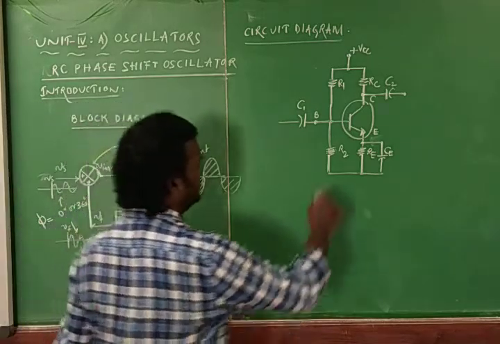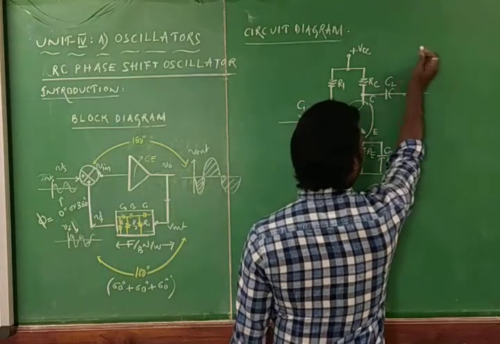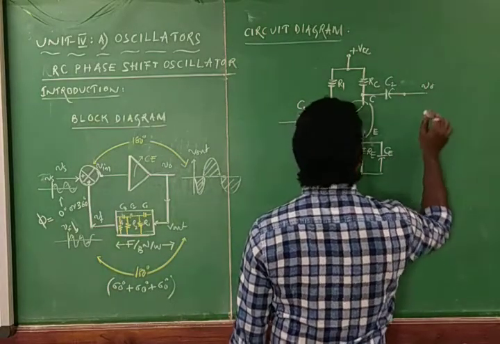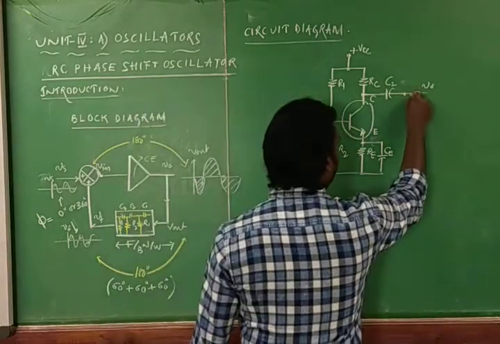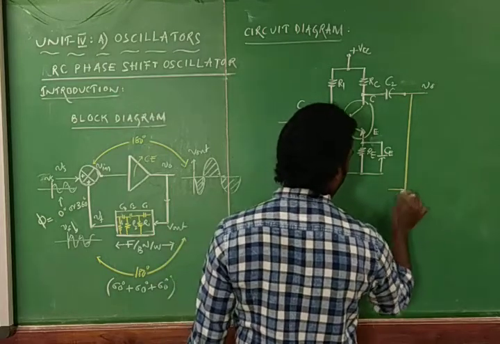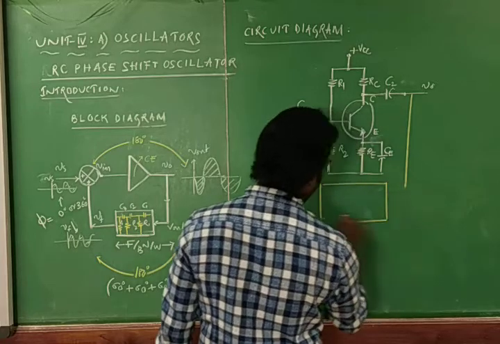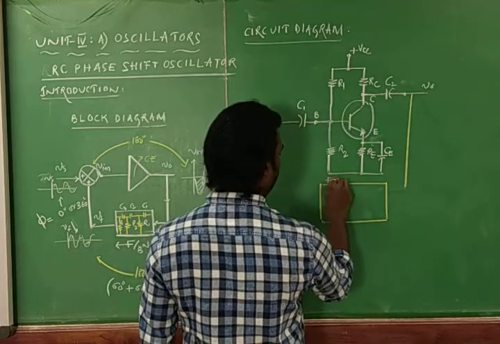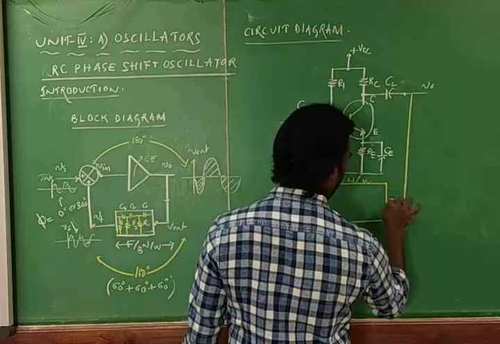And now it is providing the Vout here. From that Vout we have to take the output, and it is connected to the feedback network. The feedback network is designed with 3 resistors and 3 capacitors, so you can draw this one.